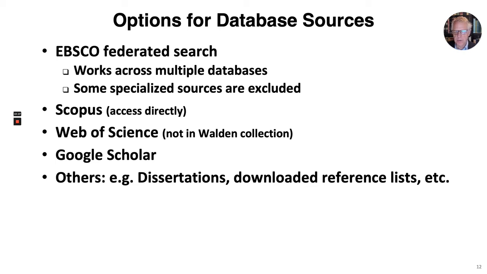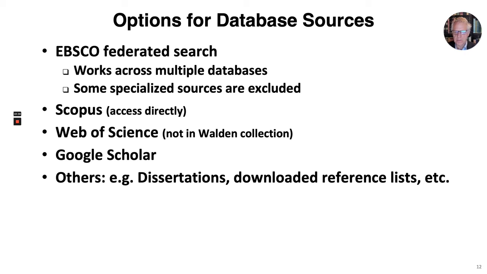This can happen when the publisher does not open up its database to a federated search, and there are a number of reasons they do that, but several of the European journals do not necessarily allow EBSCO or ProQuest in a federated search to see all of their collections, and there are some competitive reasons for that in terms of the alignment to European publishers or Asian publishers in the case of the Chinese sources.